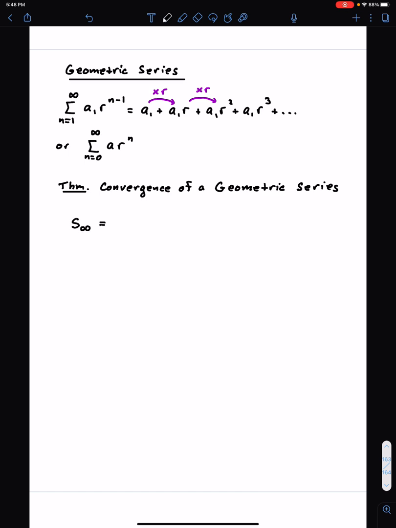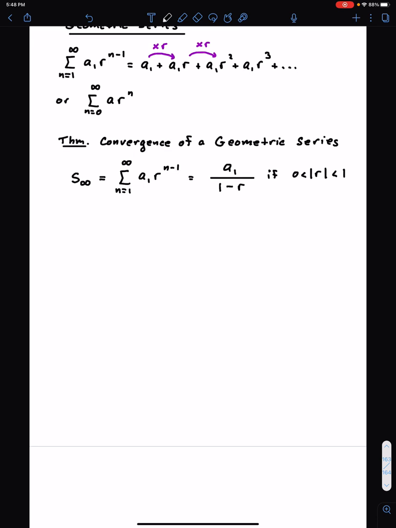The infinite sum, or S sub infinity, is equal to the sum as n goes from 1 to infinity of a1 r to the n minus 1, is equal to a1 divided by 1 minus r, if 0 is less than the absolute value of r, which is less than 1, and diverges if the absolute value of r is greater than or equal to 1.